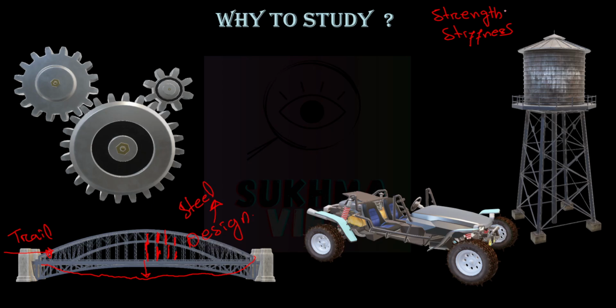So the bridge should have sufficient strength and sufficient stiffness. The strength is the resistance to the external load, and stiffness is the resistance to deformation. This is the deformation happening due to the applied load. So the bridge should be designed on the criteria of strength and stiffness, so that it can withstand the external load being applied.